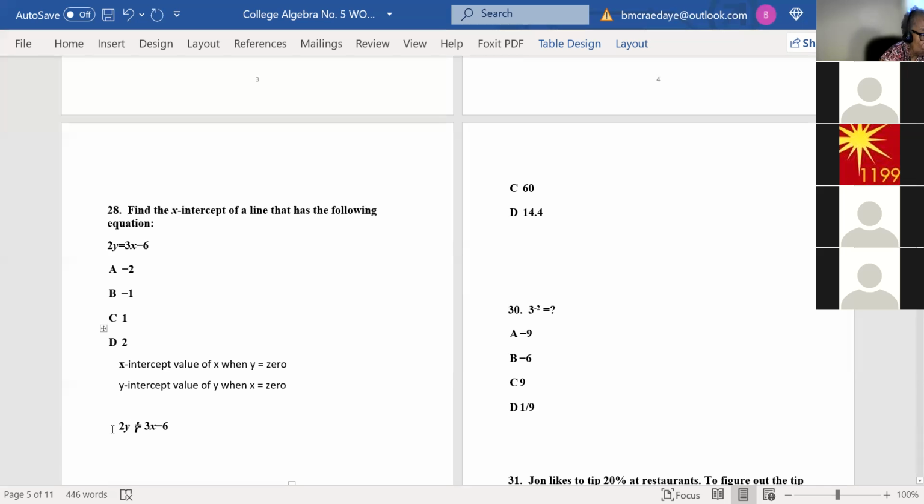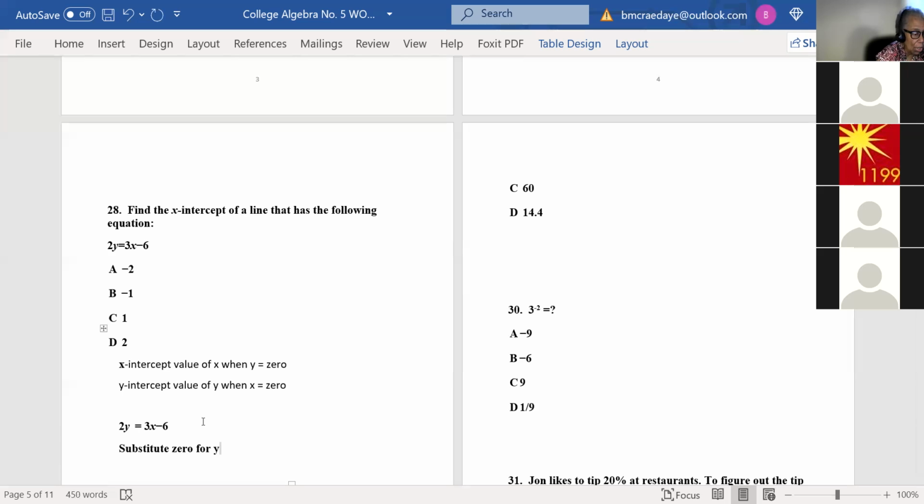Put a 0, substitute 0 for y. 2y divided by 2 equals 3x. Substitute, you say we should do 0 for y.